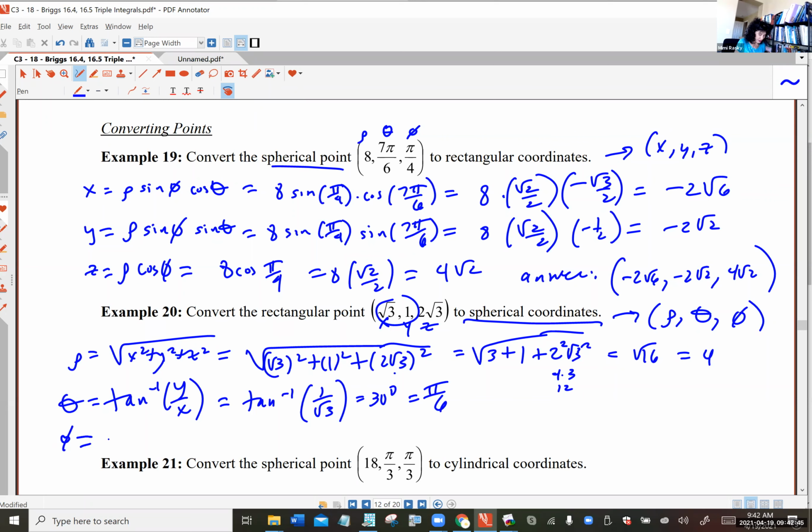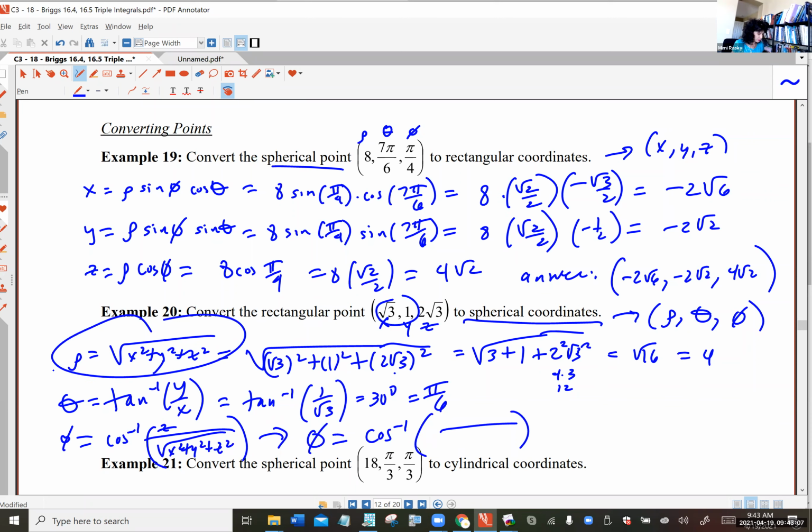Phi is cos inverse of z all over square root of x squared plus y squared plus z squared. Oh gosh, that is one horrible looking cos inverse. Now, good news, we already got the square root of x squared plus y squared plus z squared when we were figuring out what rho was. So we already did that arithmetic. That's a 4.